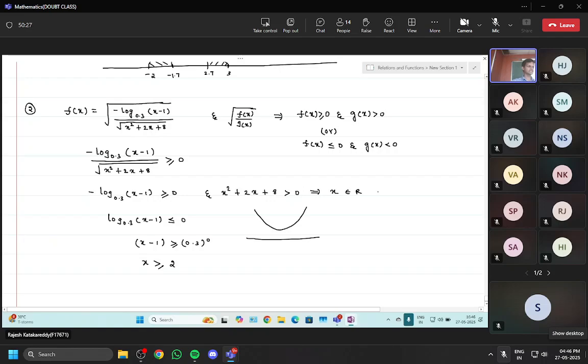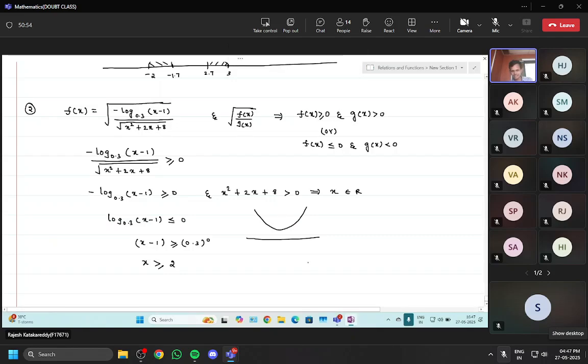There is no restriction. No real roots implies the discriminant is less than 0. In that case, it will be always positive or always negative, depending on the sign of the coefficient of x square. If it is a downward parabola, the roots are imaginary.